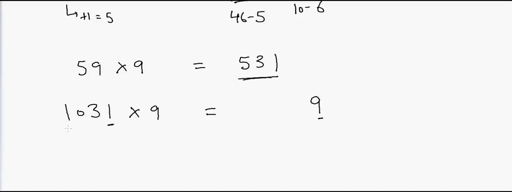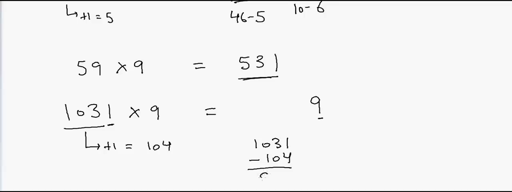Then I have 103, so 103 plus 1, that will be 104. And then I have to subtract 1031 minus 104. This could be a little tricky for some people, but if you look, it's not that hard. It's 927. So the answer will be equal to 9279.